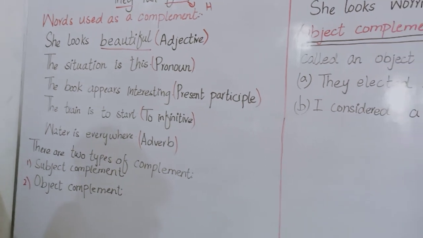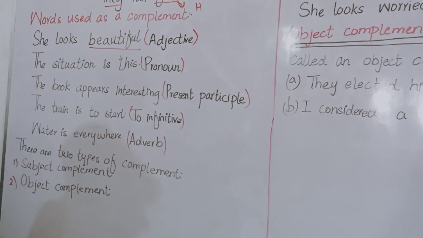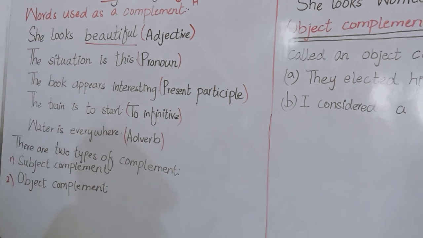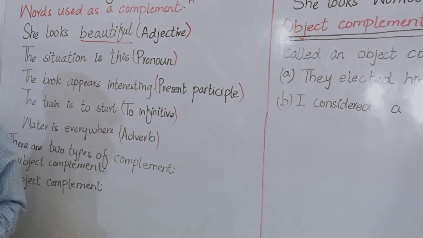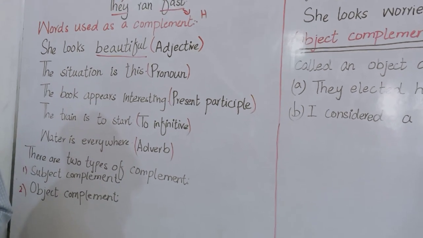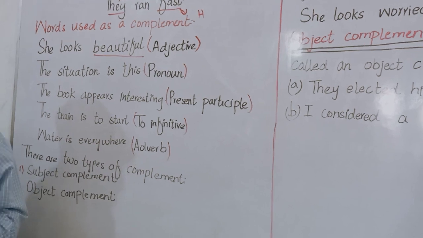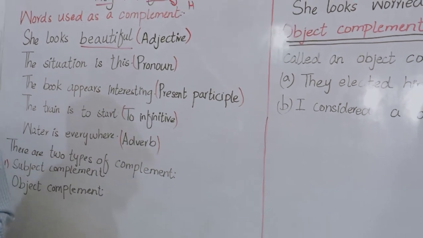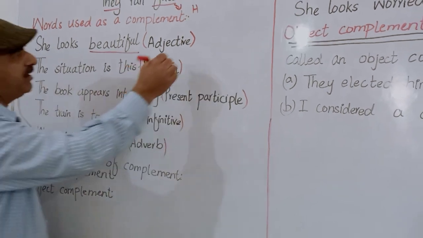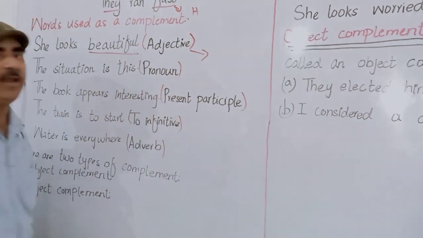What is beautiful? Adjective. If I simply say "she looks," definitely you will ask me how she looks, or what she looks like. So it may also be called an adjective complement.